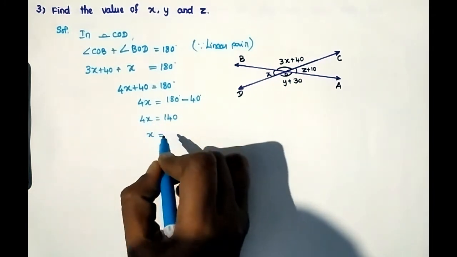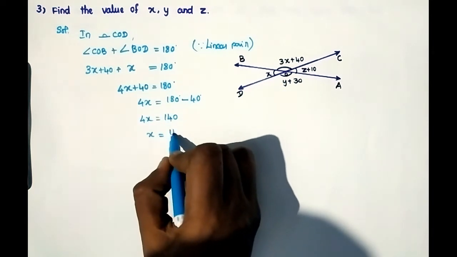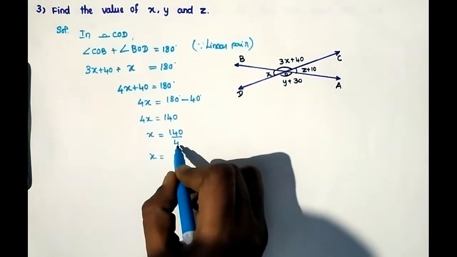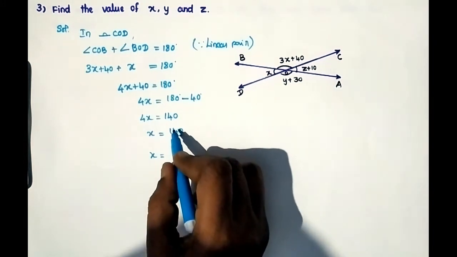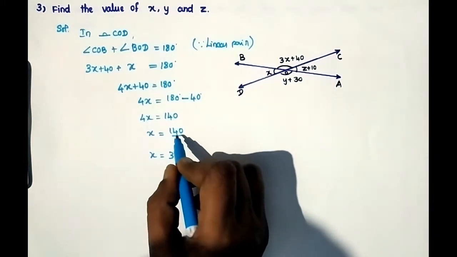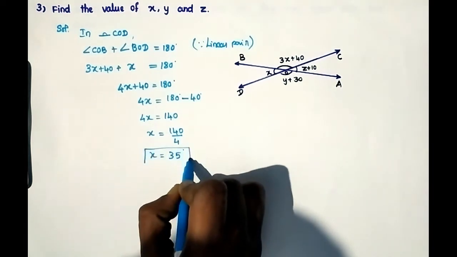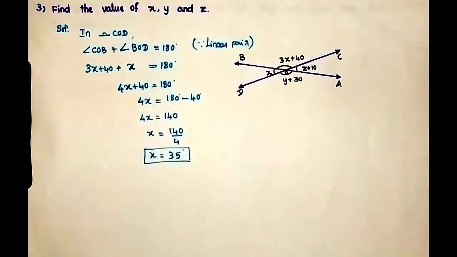So x equal to 140 divided by 4. That is 3 4s are 12, balance 2, that is 35 degree. So the value of x is 35 degree.